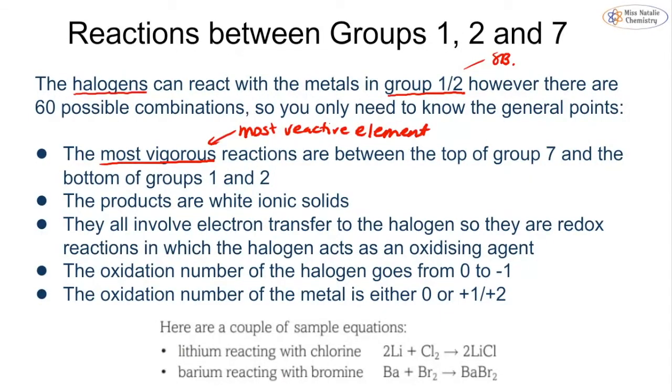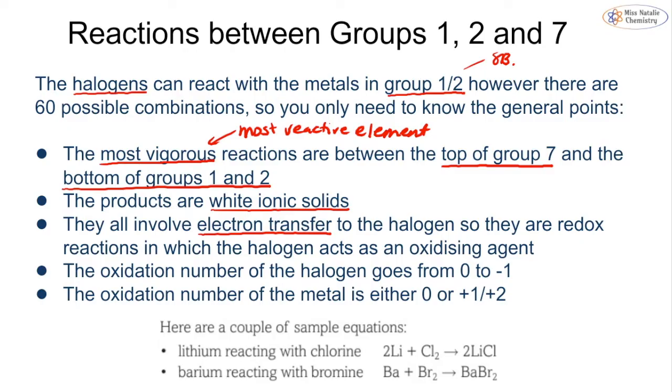So that's going to be the elements that are at the top of group 7, such as fluorine and chlorine, and the bottom of groups 1 and 2, such as cesium or even francium. Now, all of the products that are formed are white ionic solids. They all involve an electron transfer to the halogen.